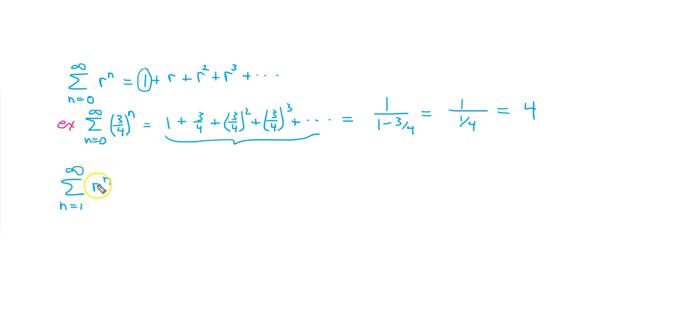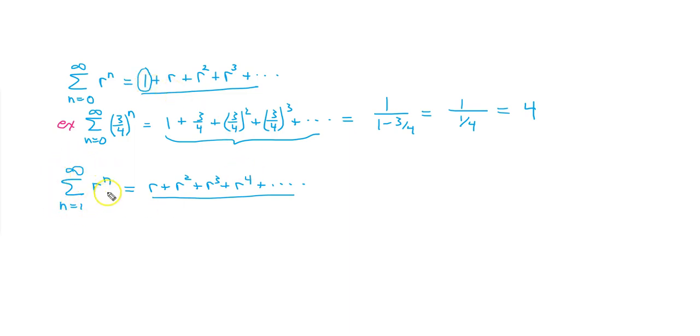now still our r is going to be between -1 and 1, excluding 0. Actually, in this case, 0 would be okay. Let's see, so what is this going to equal? And we would just continue like this. Now if we compare this to what we have up here, notice the only thing we're missing is 1.